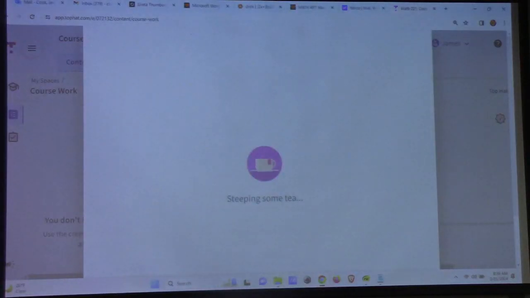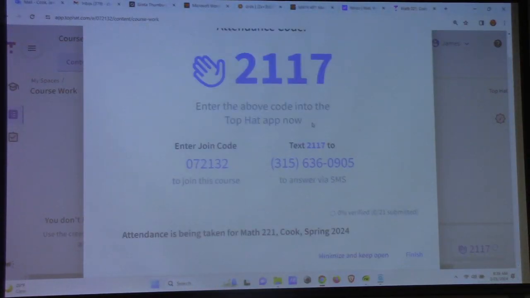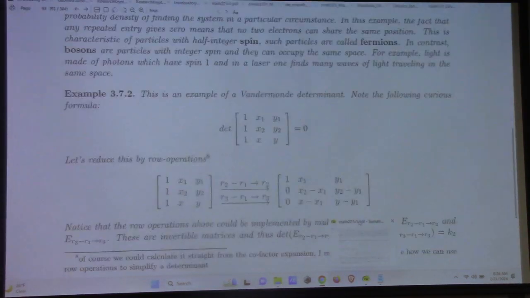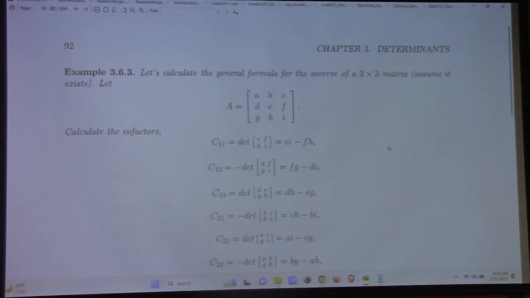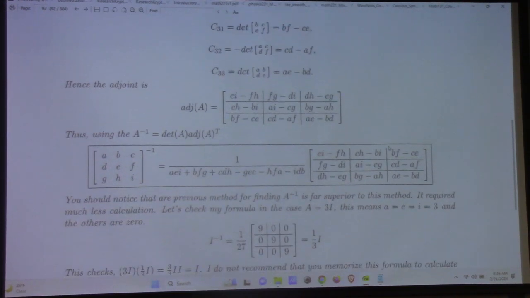So the determinant is super useful, period. But it's also very useful for creating formulas for things. I have a few of these in my notes, I'll show you.